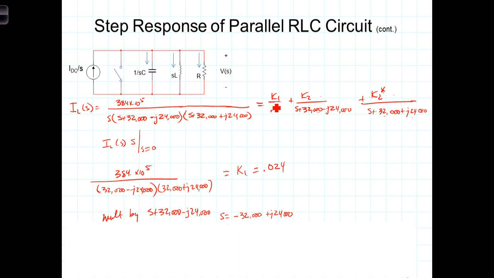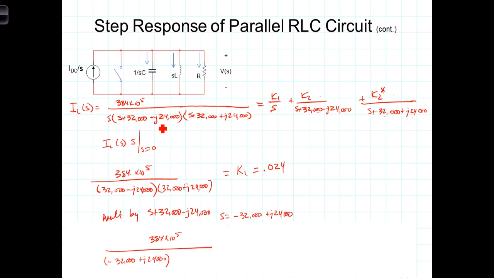And on the left-hand side, we have 384 times 10 to the 5th. In the denominator, we have, evaluating this at S equals negative 32,000 plus j 24,000, an S term here, so that's just negative 32,000 plus j 24,000.